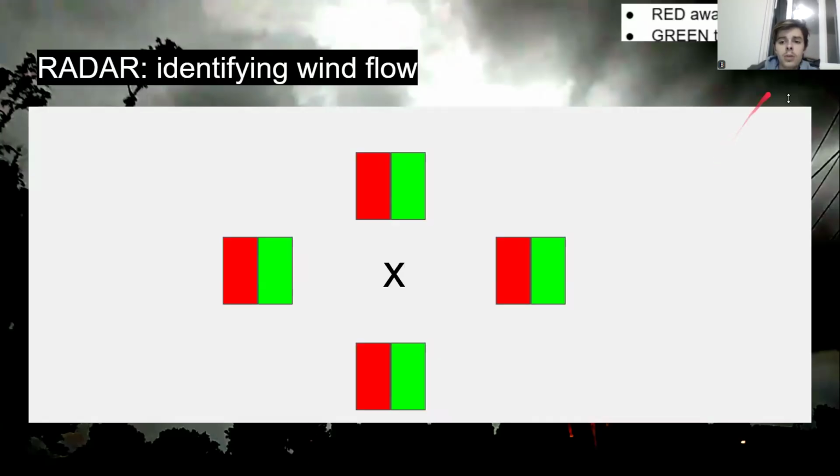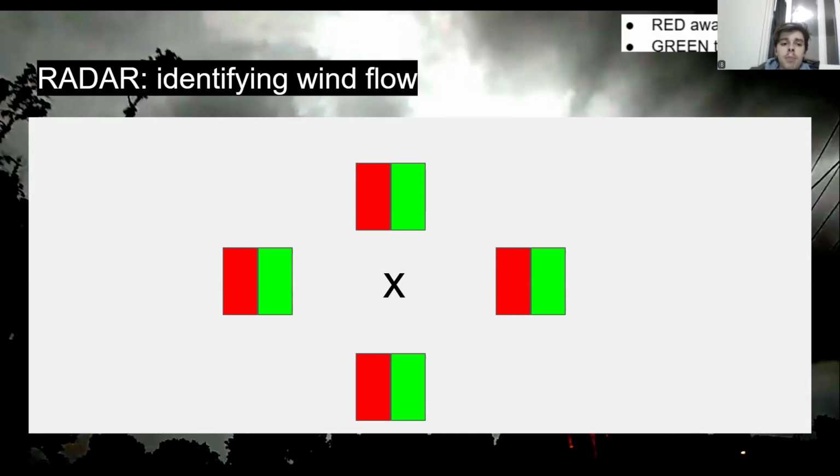Now, you can identify the direction of wind flow by looking at radar aspects, and in this case, there is a certain viewing aspect where you can see red and green to help indicate inbound or outbound.